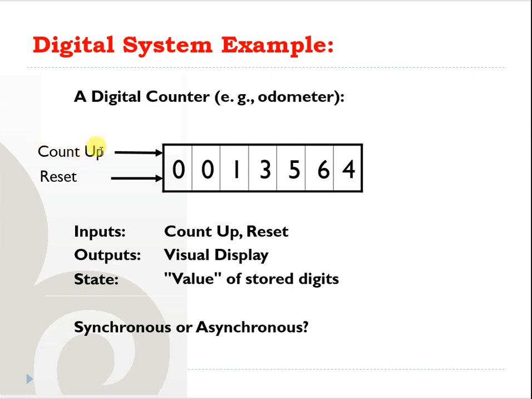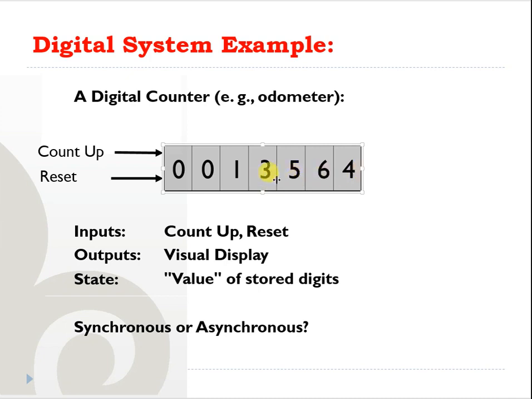So once an item is passing in front of a sensor, a count-up signal is generated, and it is sent to this digital counter. And at that instant, the value which is stored inside the counter will be increased by 1.